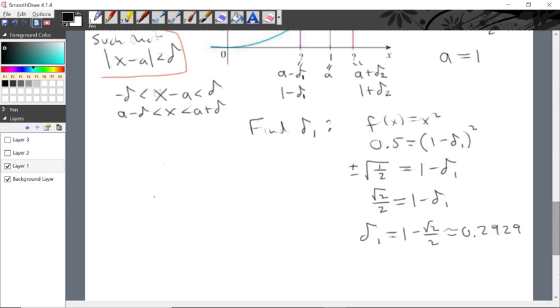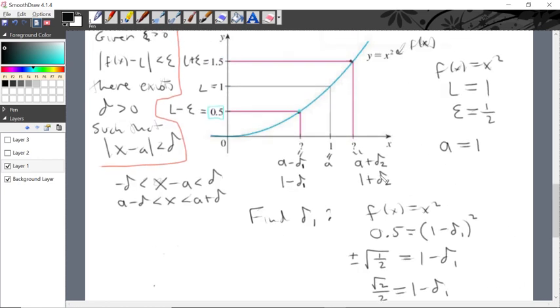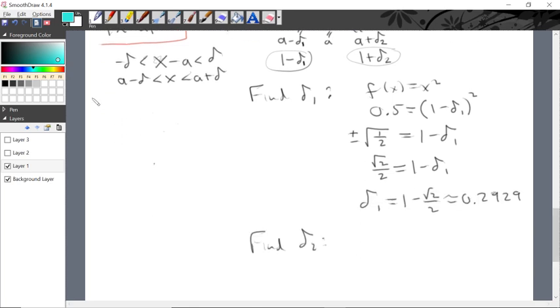Now find delta 2. To find delta 2, we would take the 1 plus delta 2, which is our x value here, and associate that with the y value 1.5 through the function f of x equals x squared.